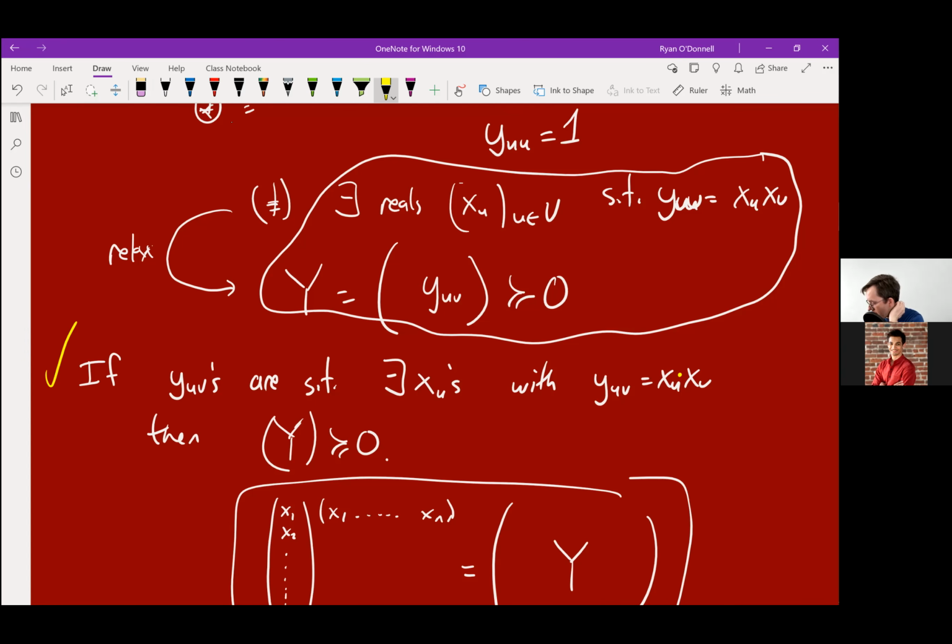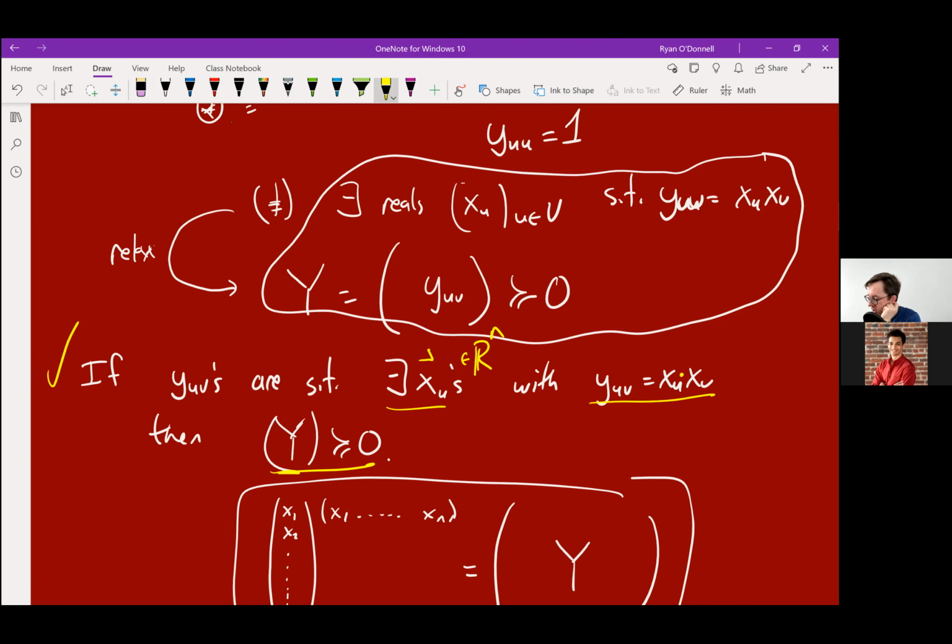Now the converse is not necessarily true: if Y is PSD, there don't have to exist real numbers that make this true. But what is true is that if Y is PSD, then there have to be some vectors in R^n such that this is true, where now this dot means dot product. That makes sense. Okay, that makes a lot of sense.